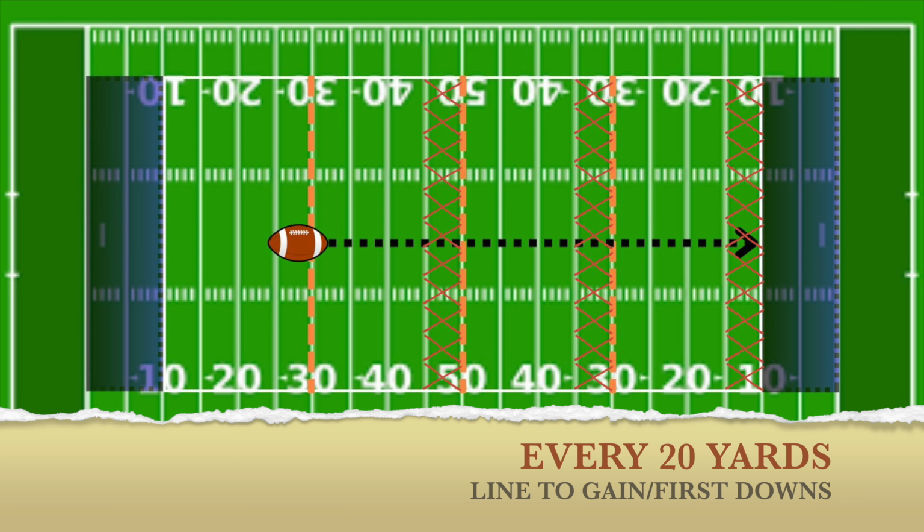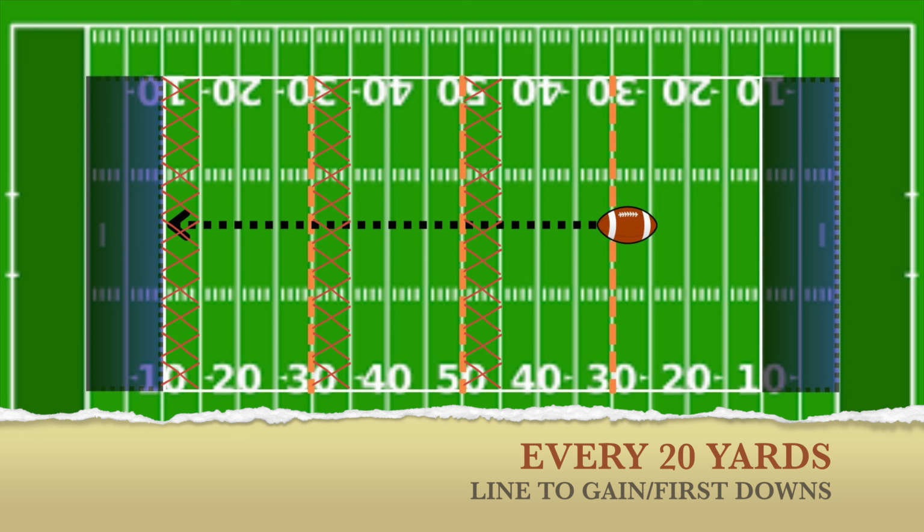So midfield, 40-yard line, there's a 5 yard no run zone before you get to the line to gain of the 40 or the midfield. Then there's an additional one on the other side of the field at the 20-yard line. There's 5 yards prior to that. That's also the no run zone. And then, of course, at the goal line.